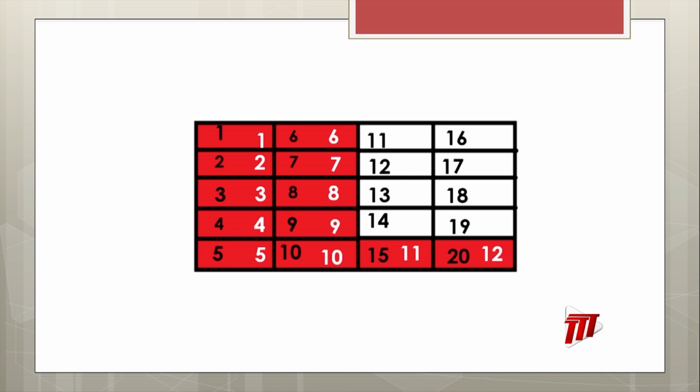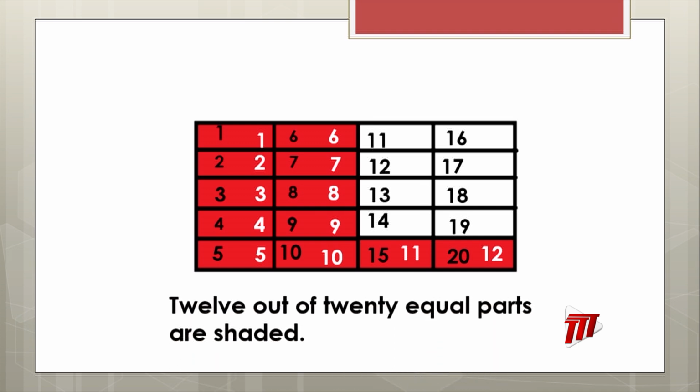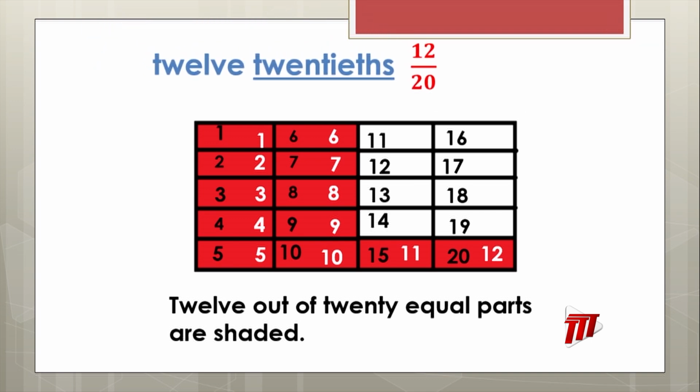So she gave away 12 out of 20 pieces. Okay, 12 out of 20 equal parts. So this is just a drawing to represent what she shared. So 12 20ths. And you have to pay close attention to the spelling of 20ths, because you see what we did. We changed the Y to I, E, and then we add the TH, and S makes it plural.